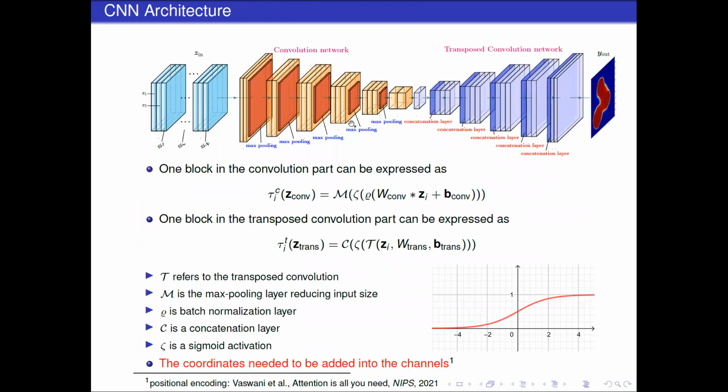This is the architecture of the convolutional network. The one thing I want to mention is we have to add the extra 2 layers representing the coordinates of each point. This is due to the positional encoding, which is very important to make the neural network work satisfactorily.